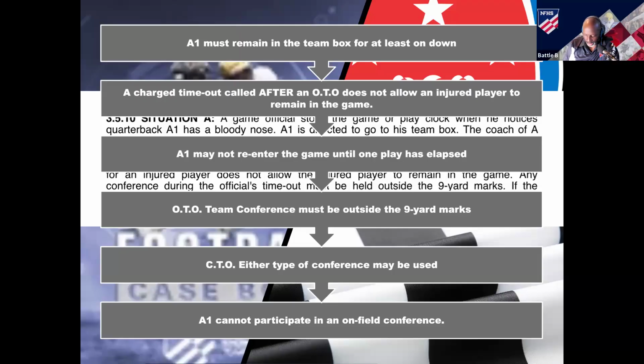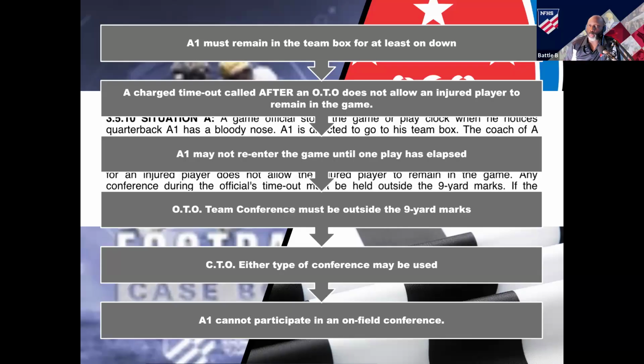The question on the poll was, can a charge timeout prevent an injured player from returning to the game without taking it off? 2 people said yes, a timeout can. 10 people said no. And 3 people said it depends. What we just read says the answer would be no, right?